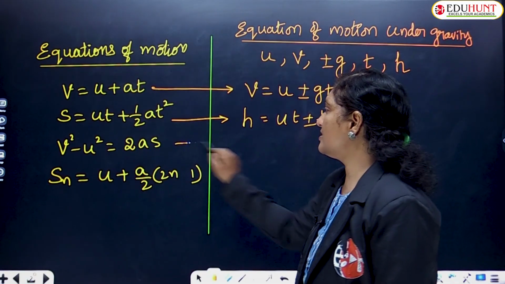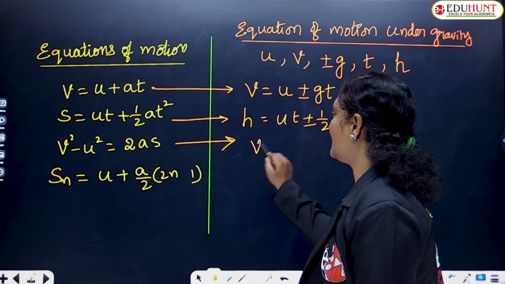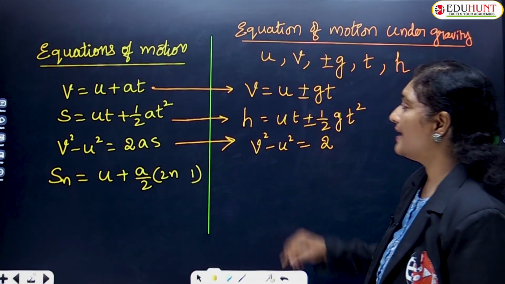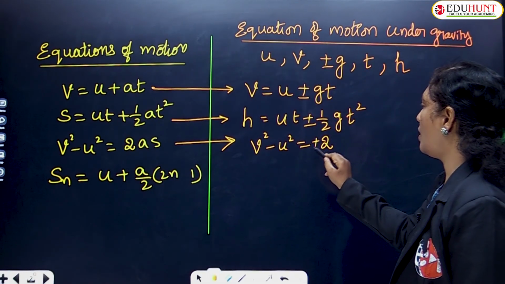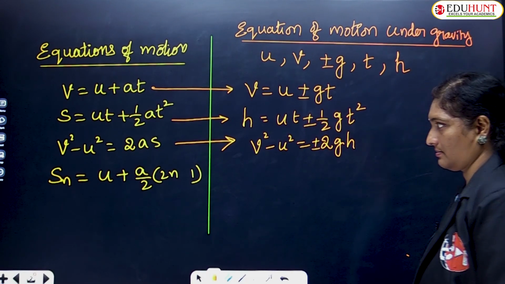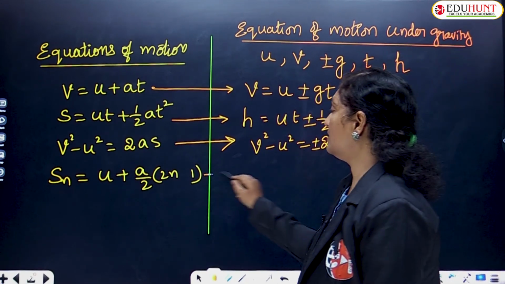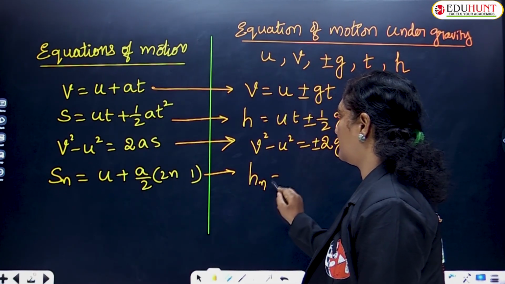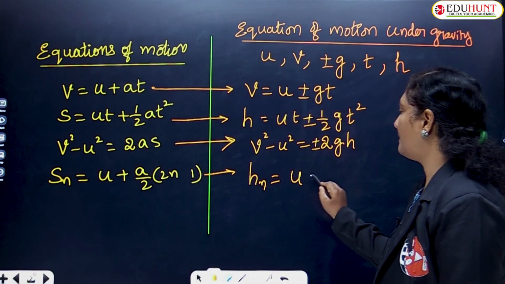The same for h2. Now replace n with 2. h2 is g by 2 into (2 into 2 minus 1), which is g by 2 into (4 minus 1), that is 3. Hence you have 3g by 2. Let this be the second equation.